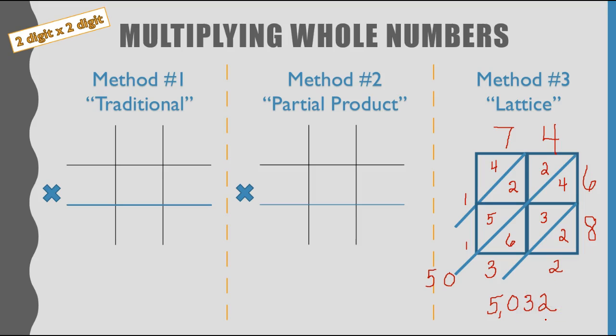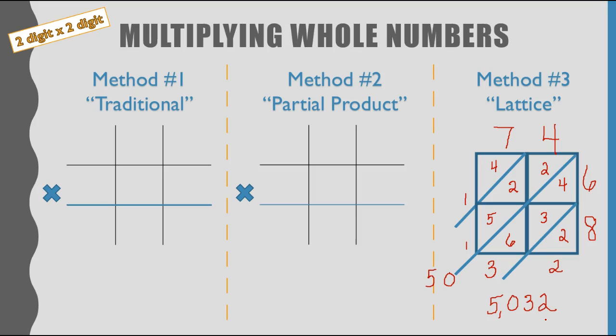Now, do you have to choose one of these, or are you required to know all 3? Why am I showing you 3 different ways? It's because some of these ways will really resonate with some of you, while a different method might be better for you. So I like to show several different methods, and you can choose which one you like the best.